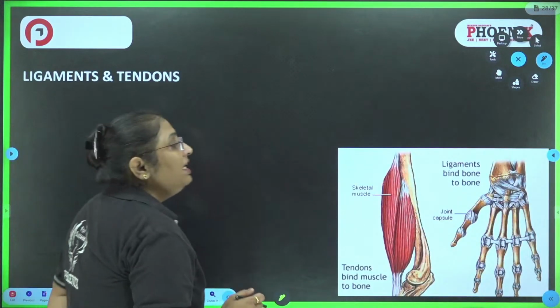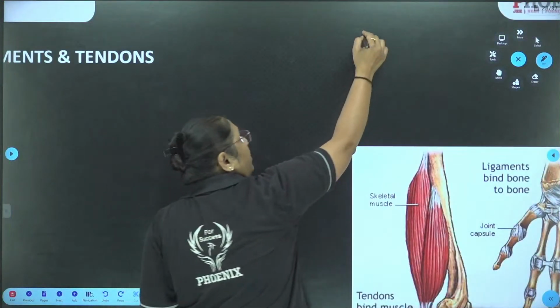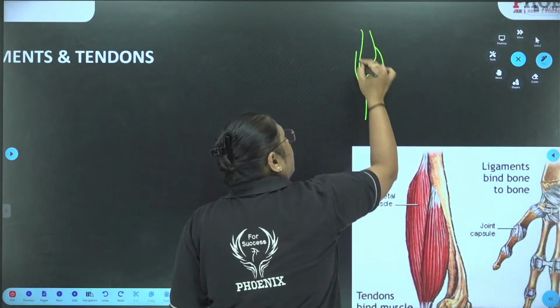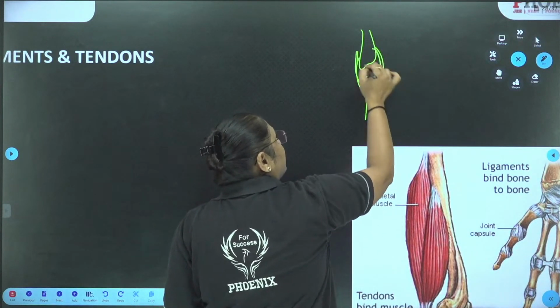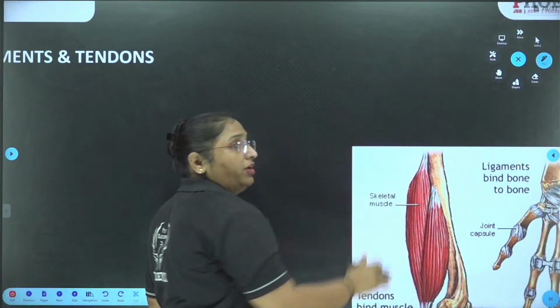Now coming to ligaments and tendons. If this is the bone, it is connected with the muscles, that is ligaments and tendons, which help in the movement of the bone.